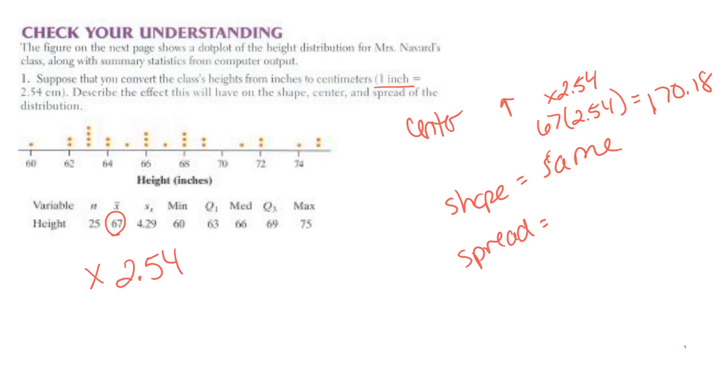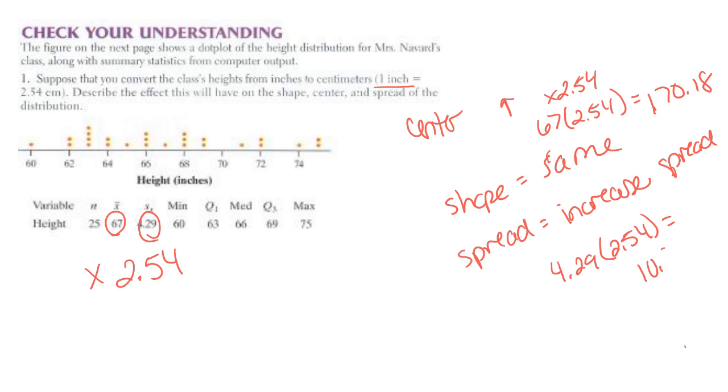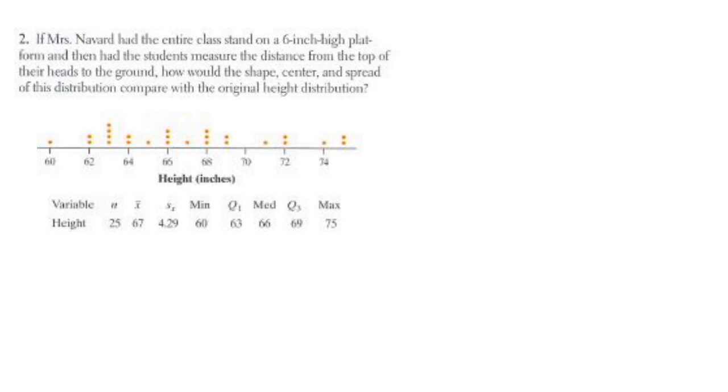When we multiply, it's going to increase the spread, because I'm going to multiply my standard deviation of 4.29 times 2.54. I apply that constant and get a new spread of 10.8966 centimeters. So that would be how it's going to impact it. Take a look at this one and we'll go through it.